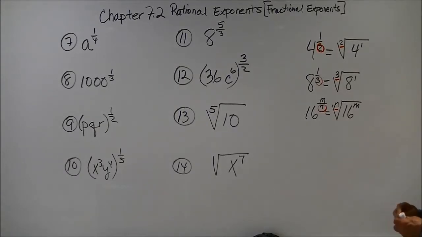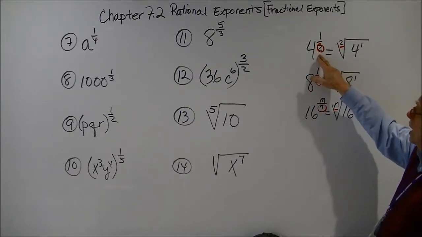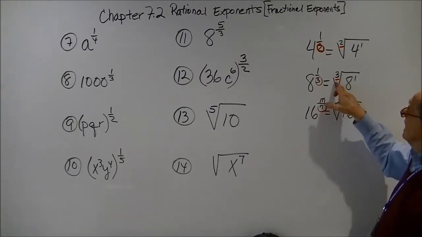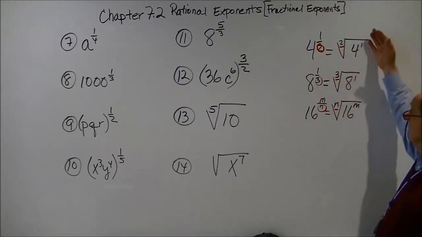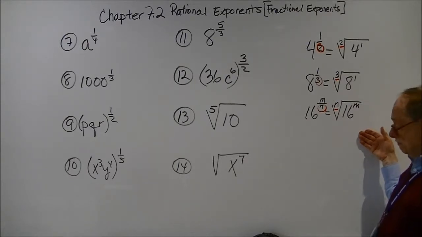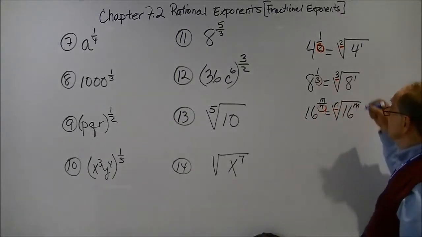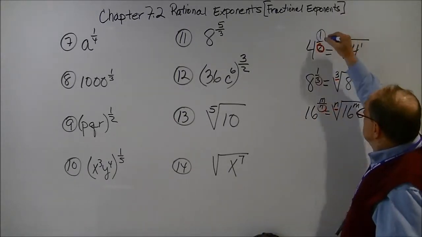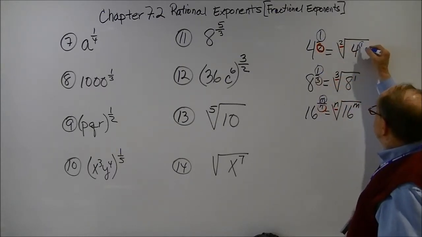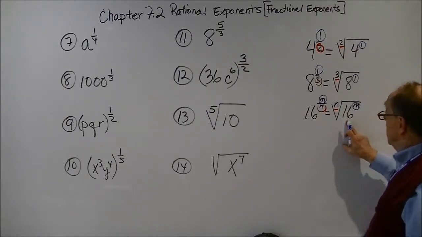So once again, whenever you have a fractional exponent, what is in the denominator of that fraction is the index number of your radical expression. And whatever is in the numerator of that fraction is the exponent on the radicand.